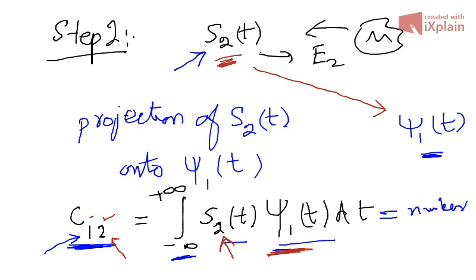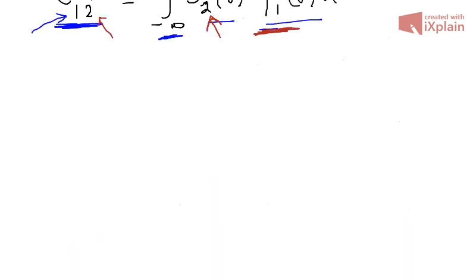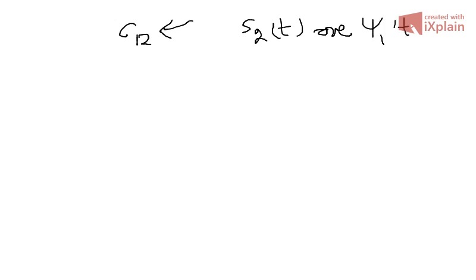What we have to do is subtract that projection. Now C12 is a scalar which shows the projection of S2 over psi 1, right? We would like to subtract this projection from S2.